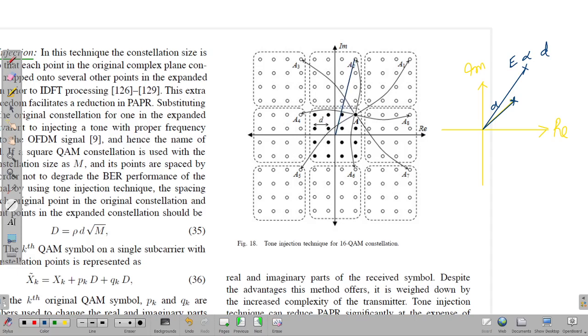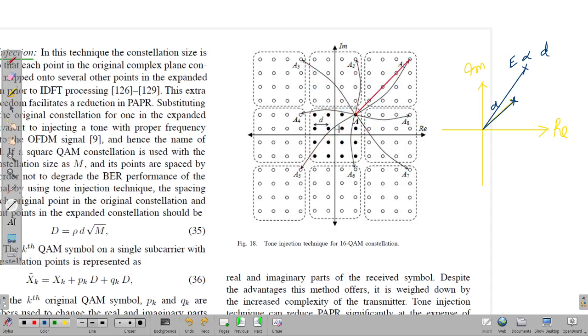So this symbol has this phase, this symbol has this phase, and like that. For each of these symbols, the phase is different, and also the distance from the origin is different, which means the energy is also different.